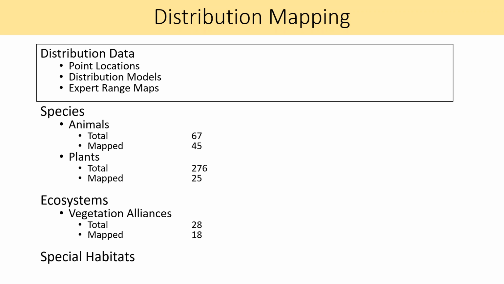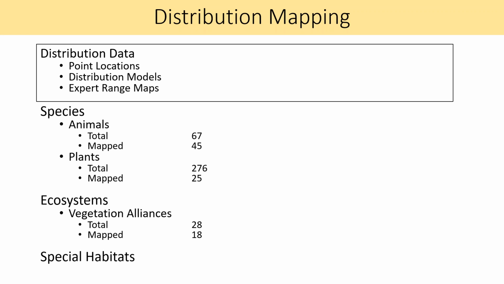Once we have the list of targets, then we're really looking to demonstrate how they're distributed across the ecoregion. And this is just 2 different points to talk about. We're using 3 different kinds of information to go into this. One is point locations where people have been on the ground and they've identified that this particular thing is found in this particular place.